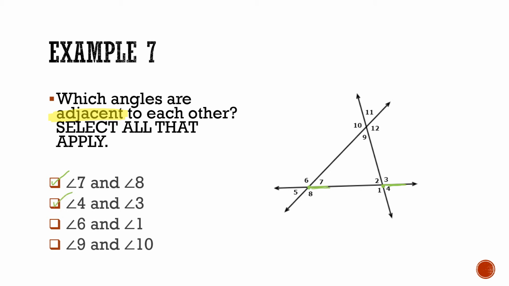So that would also be a correct answer. Angle 6 and 1, those are not beside each other and they're not sharing a vertex and a side. And then angles 9 and 10, 9 and 10 are sharing this vertex and this side. So your correct answers would have been A, B, and D.